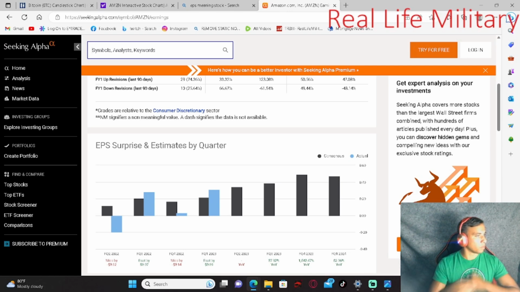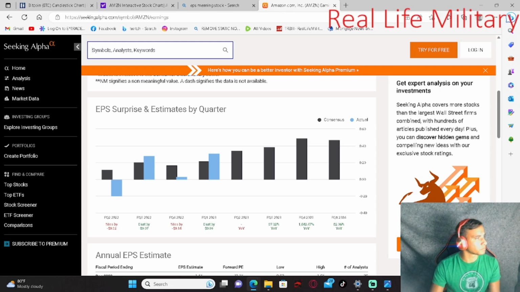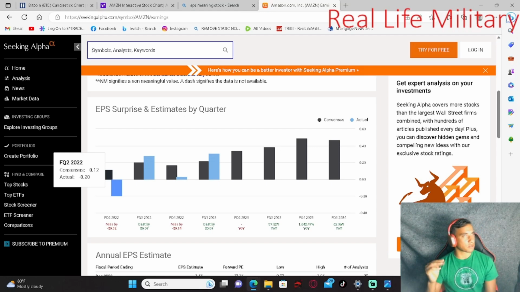But so you have your EPS and the quarterly earnings. This shows you what they thought they were going to get and what they actually got. EPS stands for earnings per share.